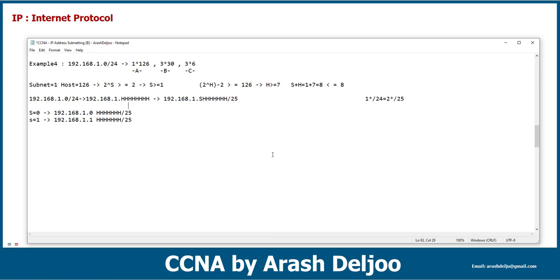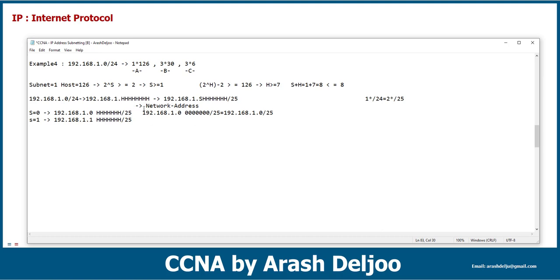Now we can find the network address. You can easily find the network address, because in the network address we need only to use 0 instead of the host bits. Because of that, the network address is 192.168.1.0, again 7 zeros, /25.